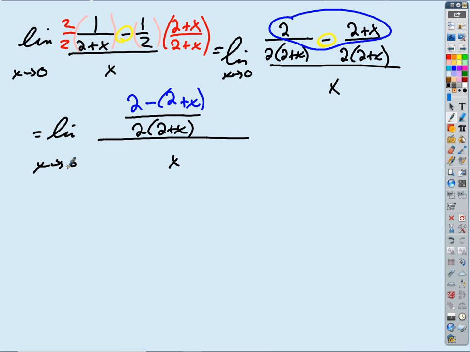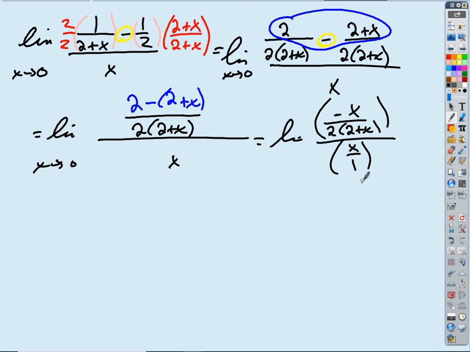And what's that simplified to? 2 minus the quantity 2 plus x is what? Good, negative x? Negative x over 2 times 2 plus x, that fraction divided by x over 1, flip and multiply, right?